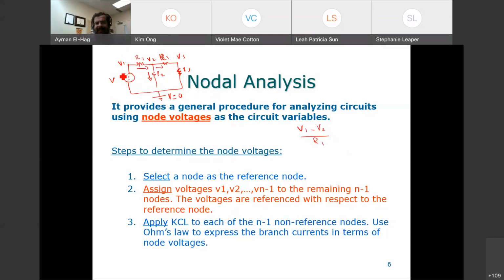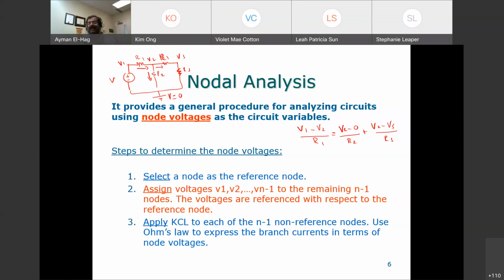This current leaves the node, so this is equal to V2 minus 0 divided by R2, plus the current that goes to the right, which is V2 minus V3 divided by R3, or whatever the value is. Okay, so it's a KCL.